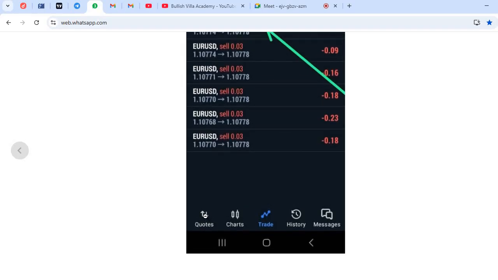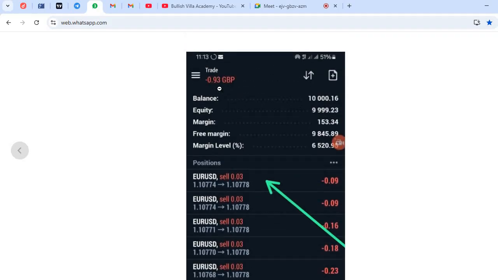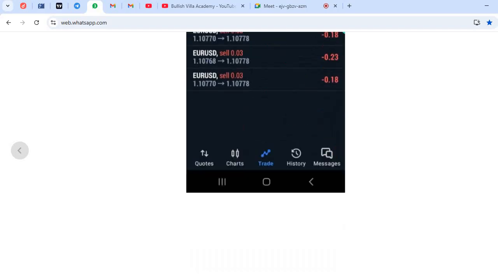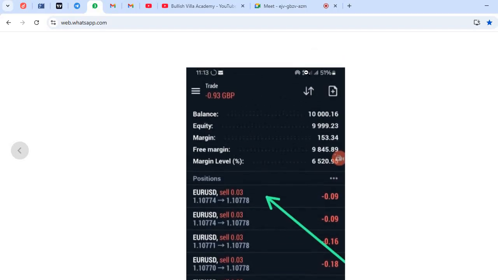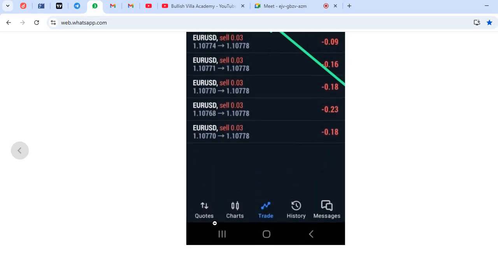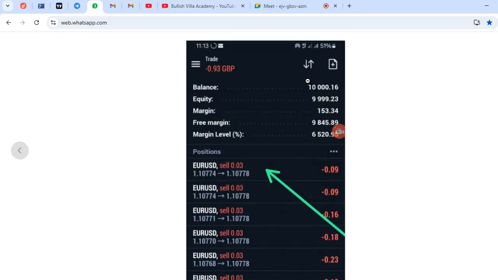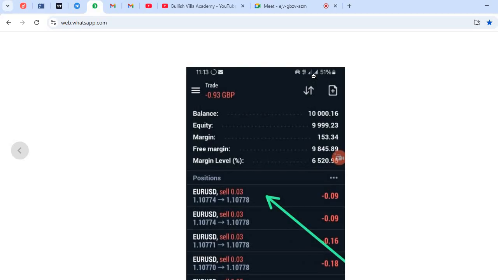What currency pairs do you have there? I'm having USD RUB, USD AUD, USD AMD. Okay. Go to the top. You should see a cross at the top, by the right hand side. Click on that cross.